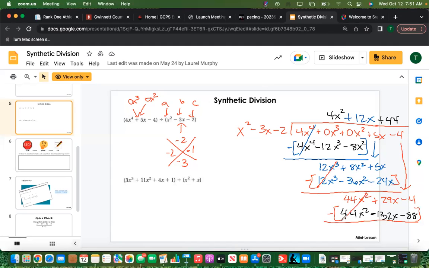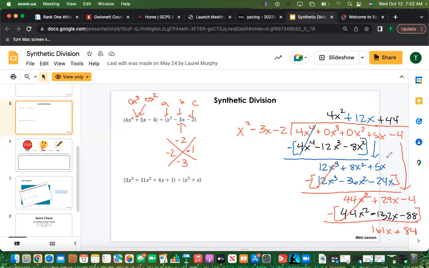So these will cancel. 29 minus negative 132 is going to give us positive 161x. And negative 4 minus negative 88, that's going to be positive, so this will give us positive 84.